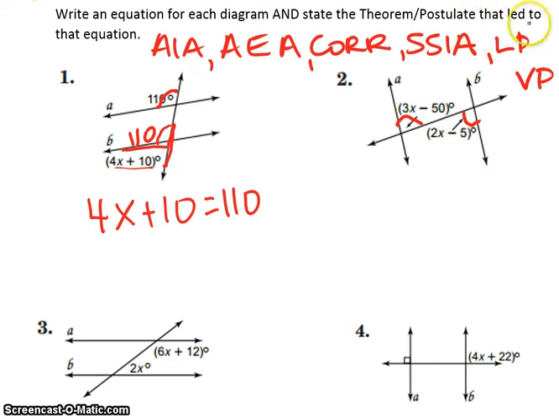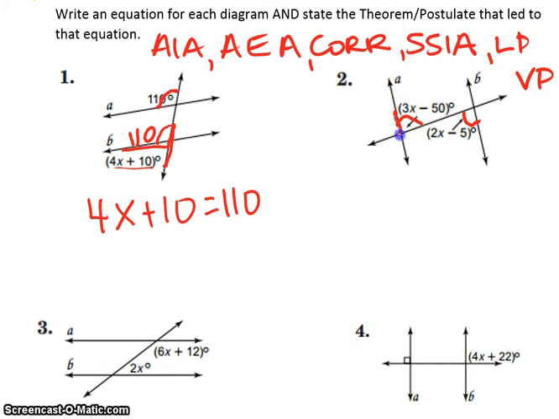It eliminates linear pair because they're not next to each other, eliminates vertical pair because they are not back to back, and it eliminates SSIA because they are not on the same side of the transversal. So that leaves me with one option, which is AIA.